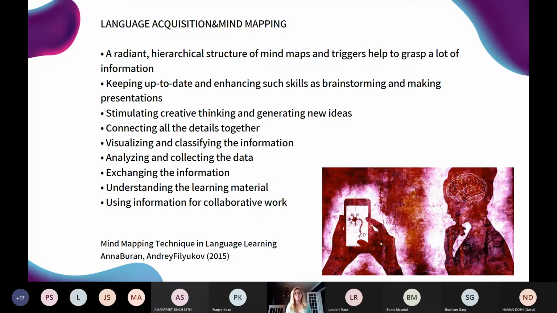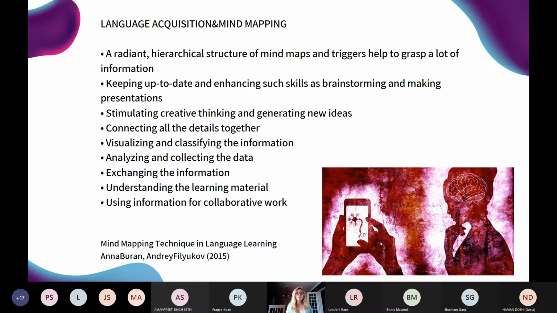You should classify the information when learning a new language, and it also enables you to analyze and collect the data. So as you learn more, you can even add more and more data to your mind map.